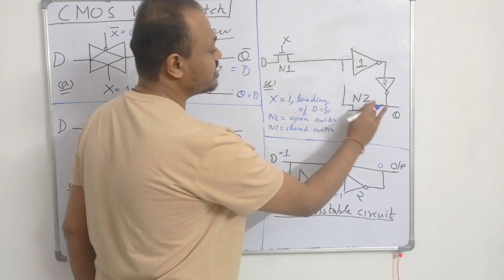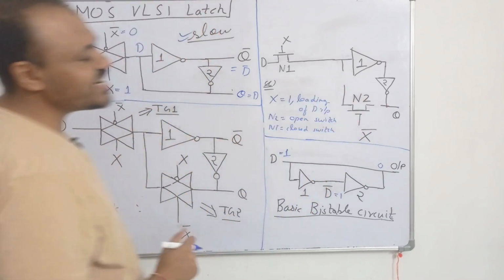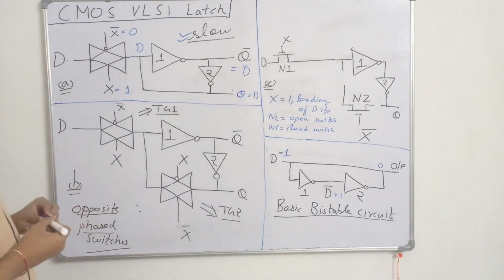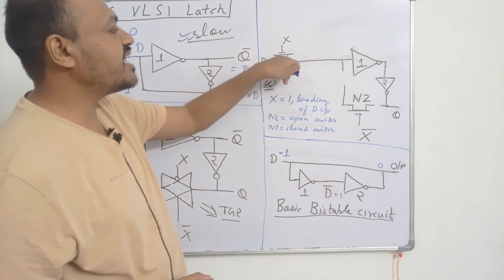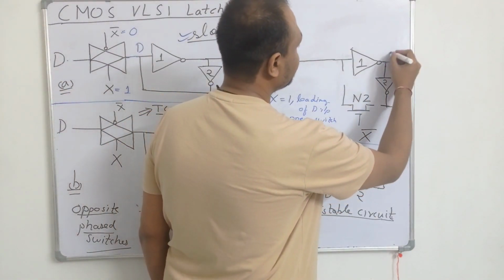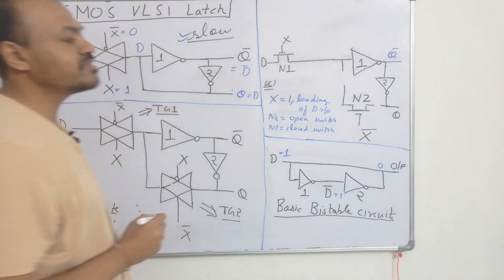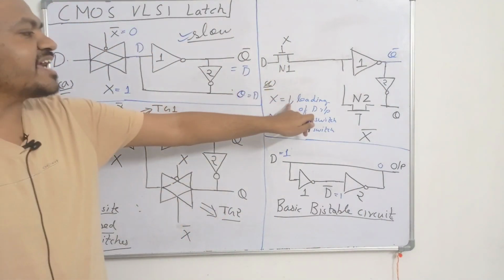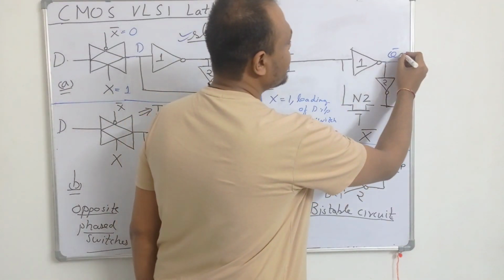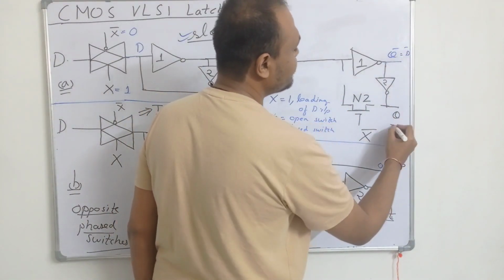So we can remove this N2 because it is acting like an open switch. Again we can see that the circuit consists only of this transistor N1 and these two inverters. From here we have Q bar and there we have Q. So when x equal to 1, loading of D input takes place. Q bar will be equal to D bar and Q will be equal to D.